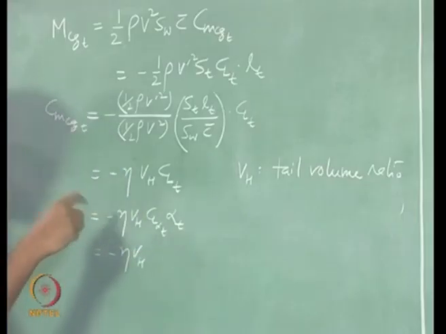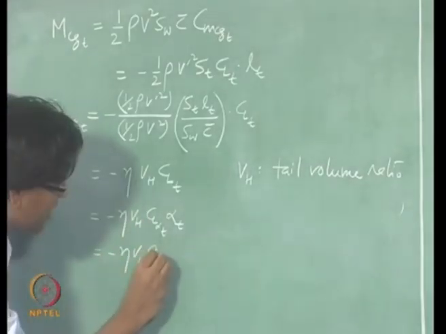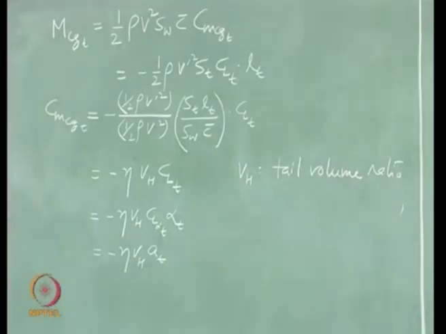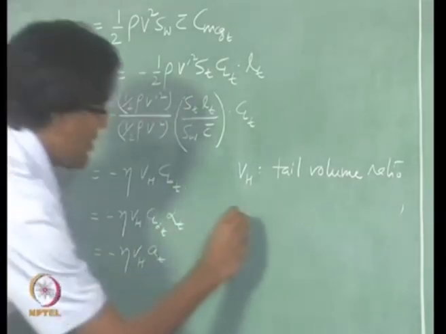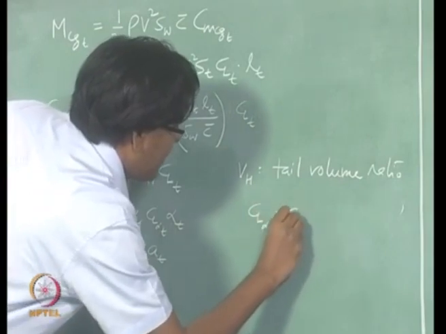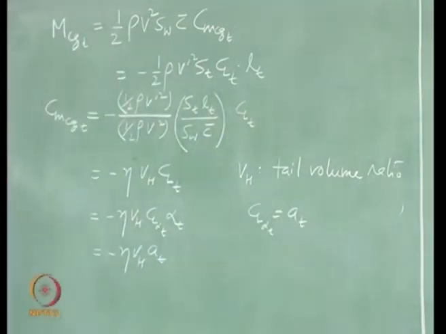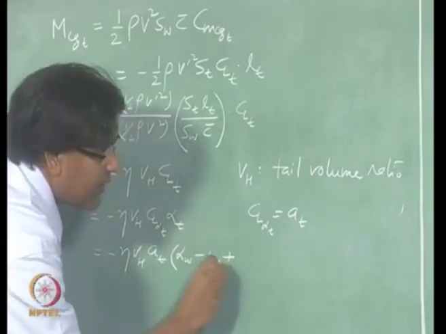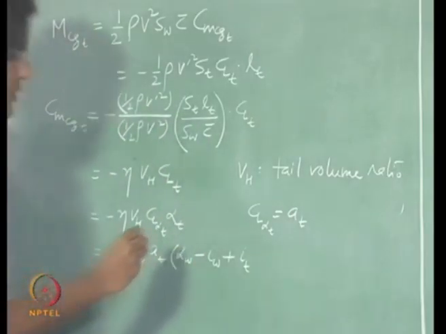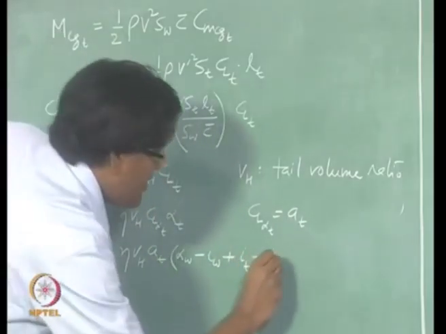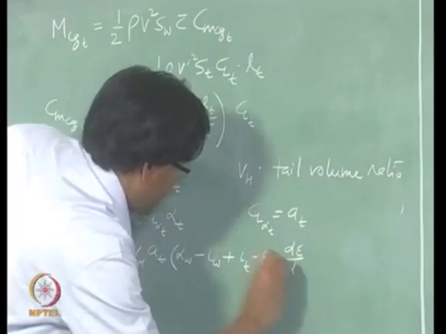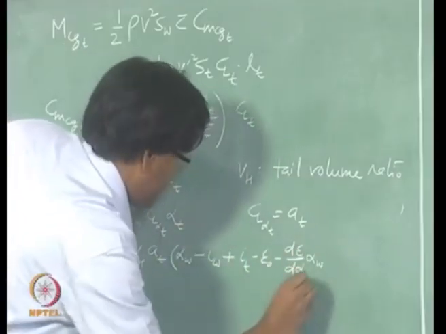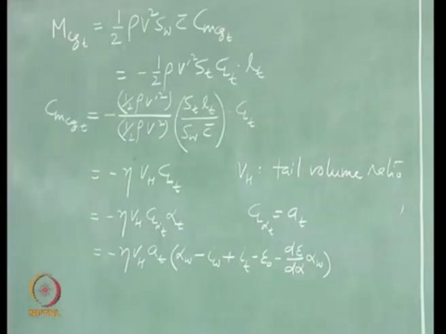So, lift curve slope at the tail can also be written as this AT, right, into alpha tail, which is all right.